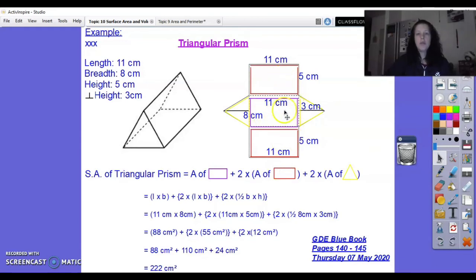You've got 1 purple rectangle, which is only 1 rectangle with dimensions of 11 and 8, and you've got 2 triangles of the same dimensions. Okay, so it is important to color code. Remember that it will help you determine which shape belongs to which and how many shapes you are multiplying at the end of the day.